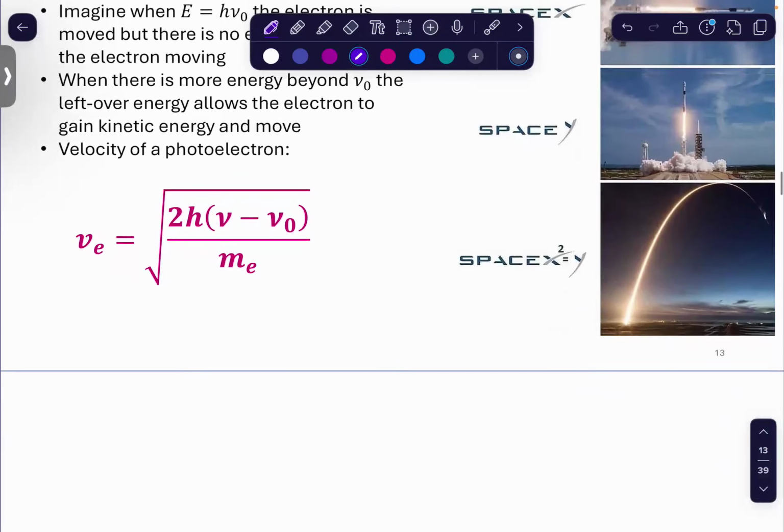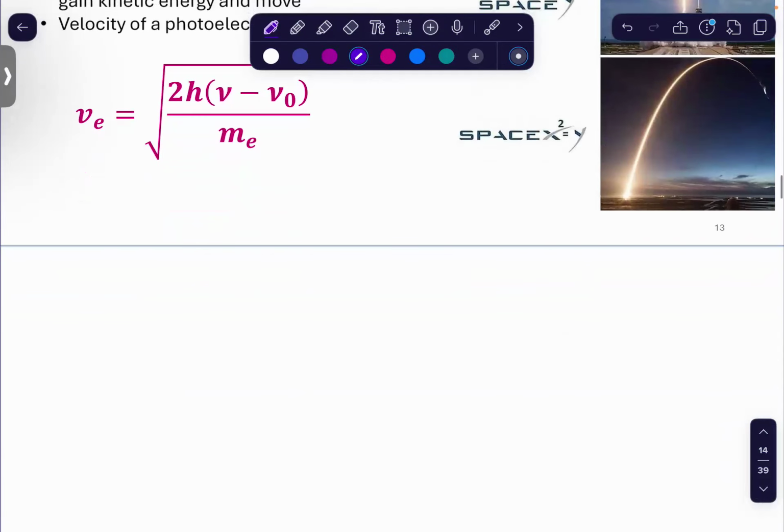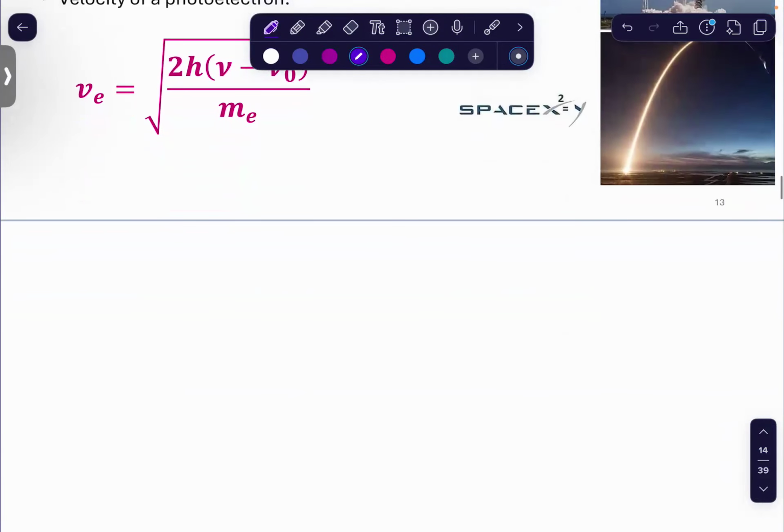Let's see, how do we figure that out? A lot of things are going to become easier, especially in physics and chemistry, when you're able to actually do the mathematical modeling instead of just trying to memorize all these formulas. So let's look at this. It's an energy difference. So what is the kinetic energy of a photoelectron?